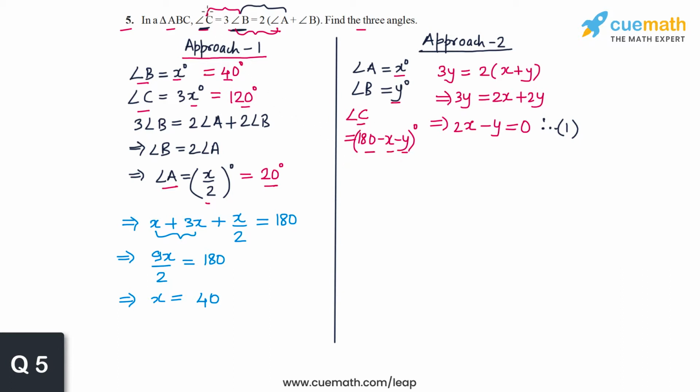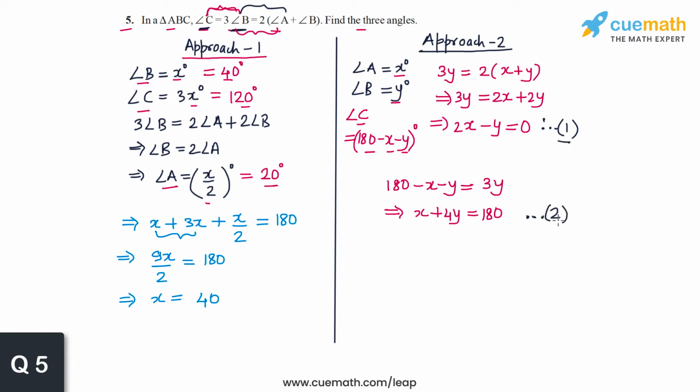And now I have angle C is equal to 3 angle B. So 180 minus x minus y should be equal to 3 times angle B, or 3 times y. And from here I can get x plus 4y is equal to 180. So this is another linear equation in x and y. Let's call it equation 2.